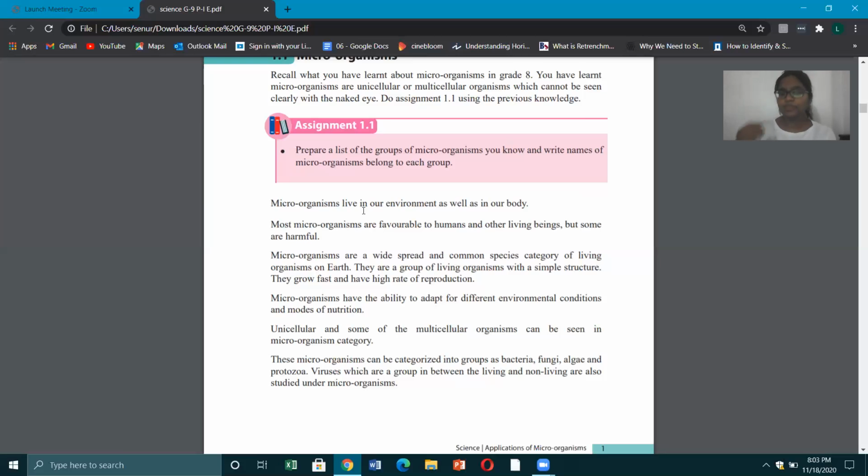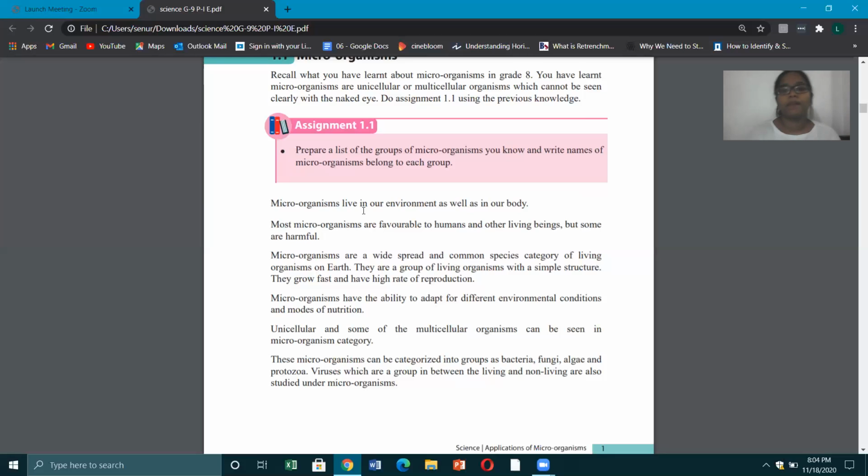That is how fast they grow and how fast they reproduce. That is why virus infections and bacterial infections get spread from one person to another.